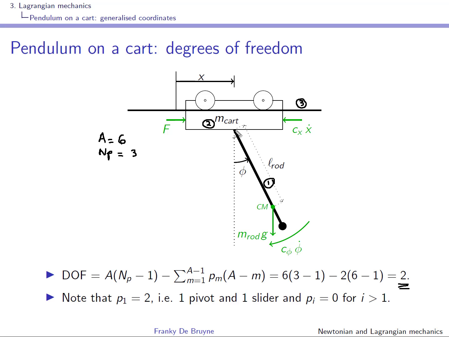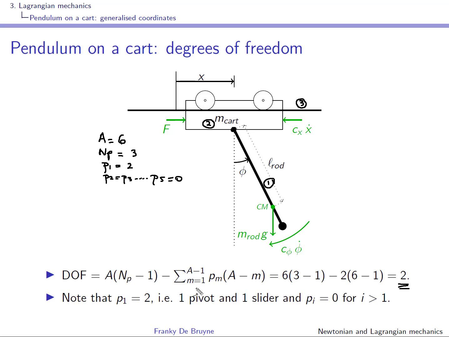You have a link, it's a pivot over here. It has 1 degree of freedom, and then you have a slider here. So it has also 1 degree of freedom. So here we have P1 equals 2, and P2 equals P3 equals P5 equals 0, right? So now we can write the formula.